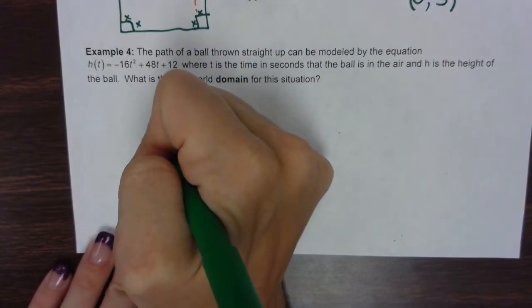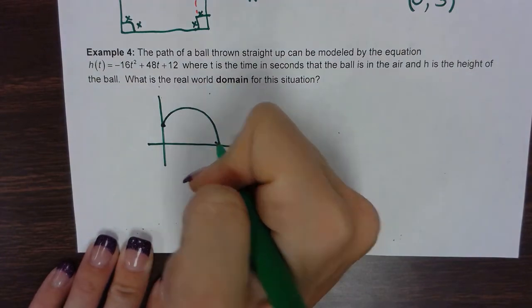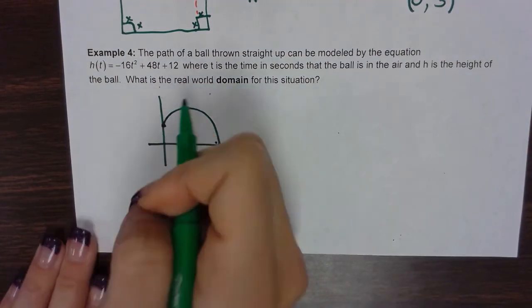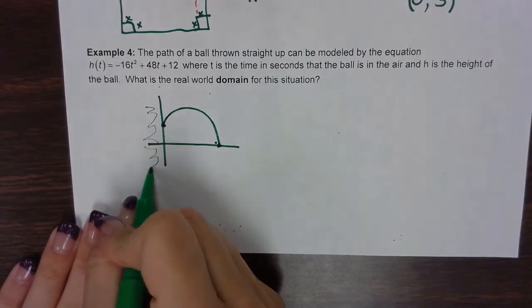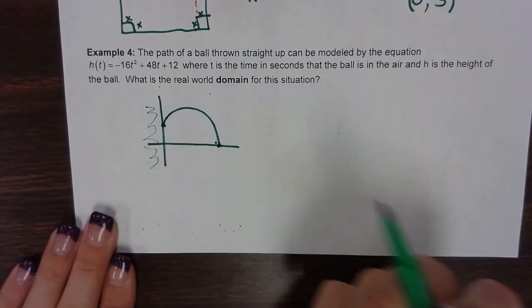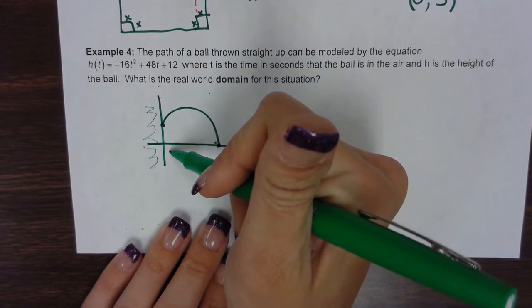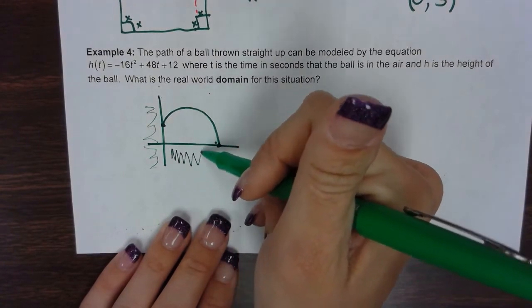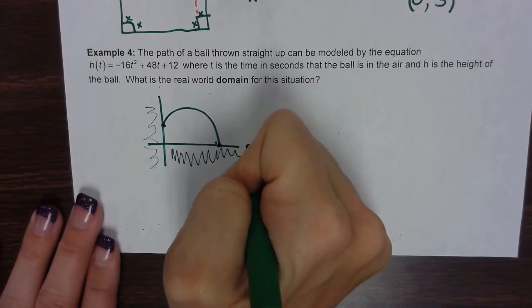So this graph is going to look something like this. You throw a ball, right? But of course, do we talk about negative time? No, it doesn't exist. We can't go back in time. Also, do we talk about the ball going below the ground? Because you got to remember that this is the ground level.